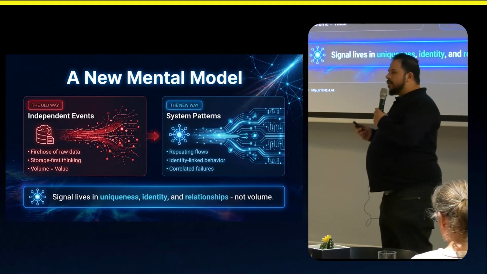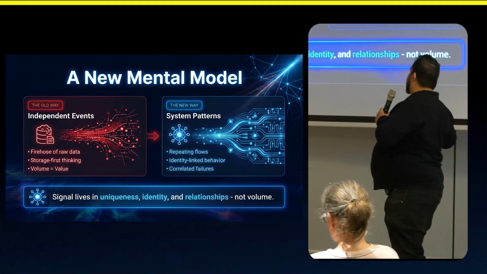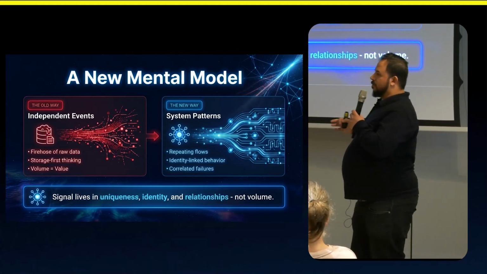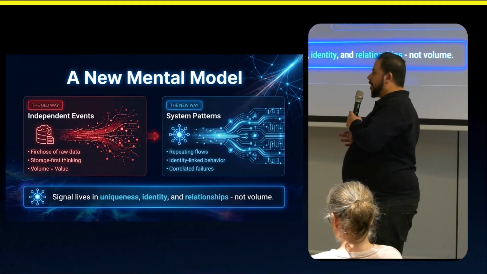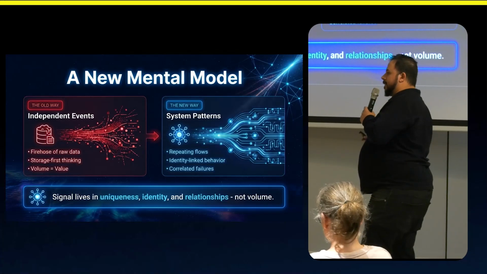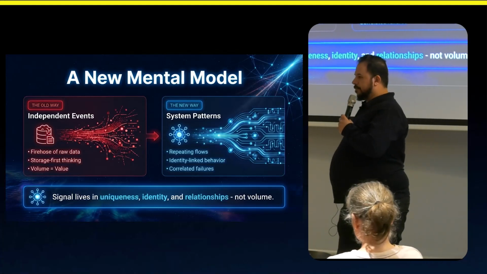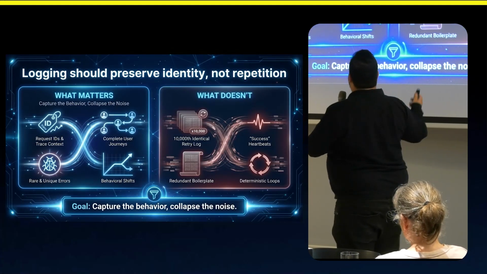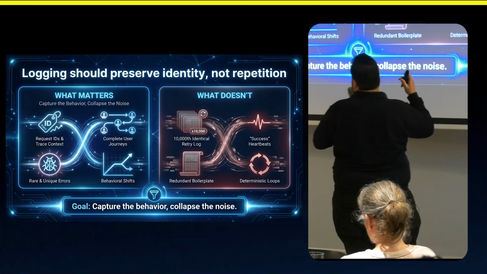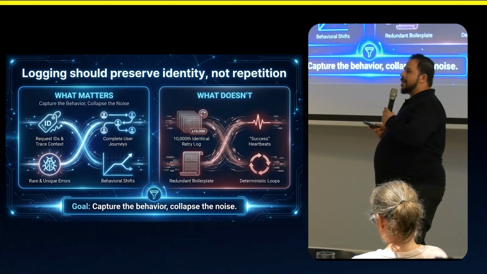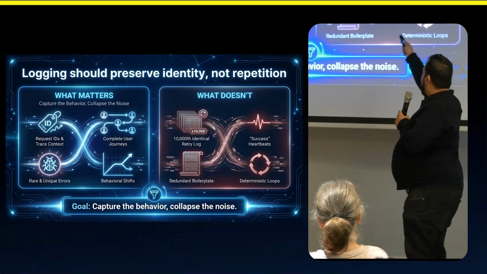So the signal lives in uniqueness. It doesn't live in volume. Not the volume is important, but uniqueness, identity, correlation and relationship. What doesn't matter when an incident happens is that it happened 10,000 times.